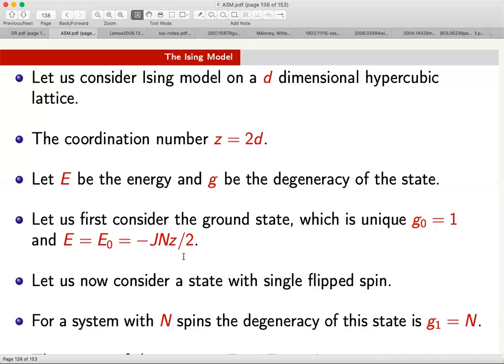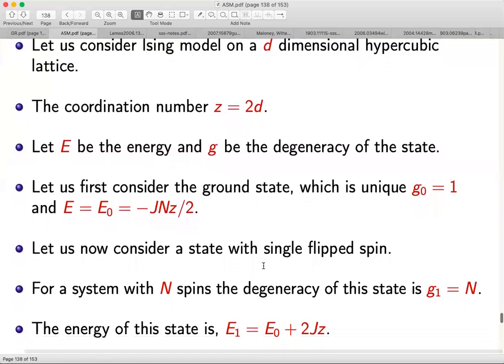So let's go ahead and consider a state with a single flipped spin. In this case, we are in d dimensions, we have N spins, all spins are pointing up except one pointing down. And how many configurations do we have? Well, any one of these N spins could be pointing down, so there are N configurations.